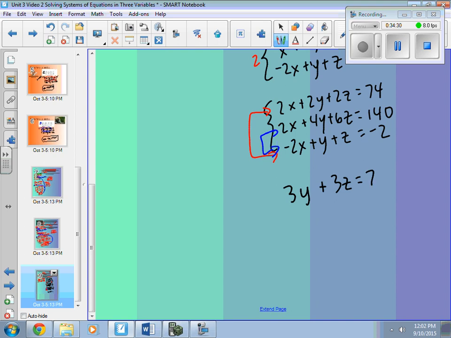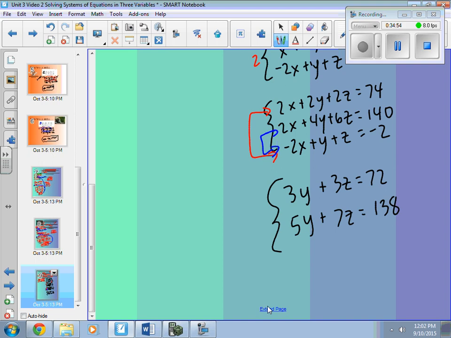Adding the constant terms equals 72. If we add together the bottom and middle one, x's again eliminate, you get 5y plus 7z equals 138. Now you're down to two variables with two equations.